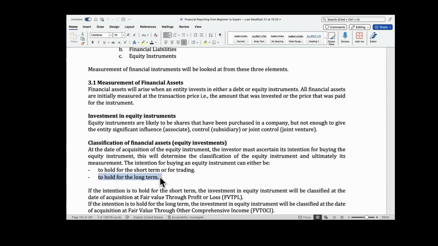And IFRS 9 is saying that either you are buying it to hold for the short term or you are buying it to hold for the long term. You need to identify this.